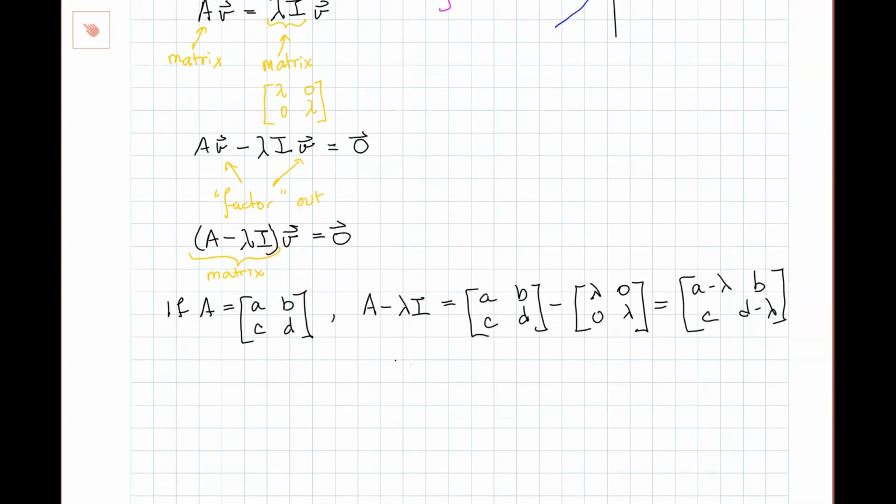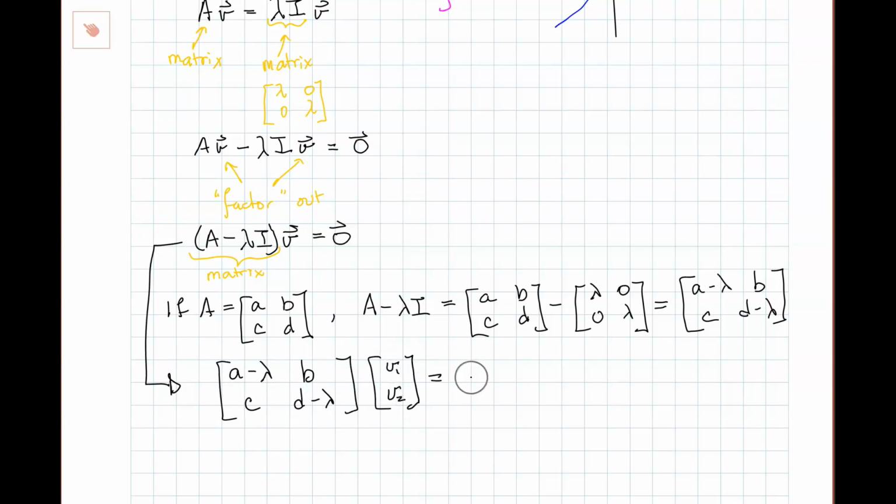So now we have the following equation. And I've written out the entries here, v1 and v2, of the vector v. And this is just A minus lambda I. We're looking for a non-zero vector v and a scalar, lambda, that will make this equation true.